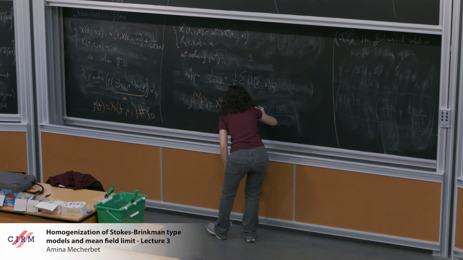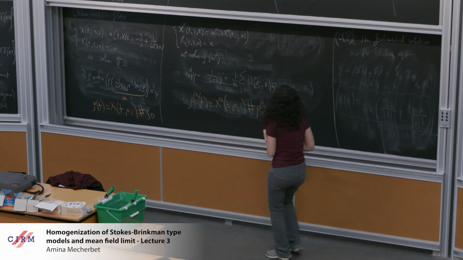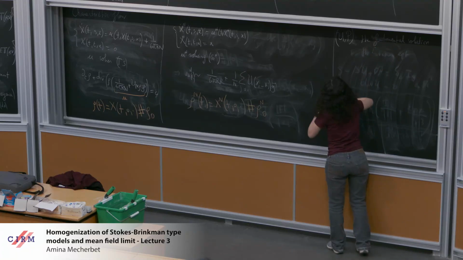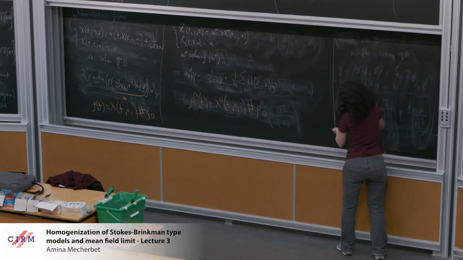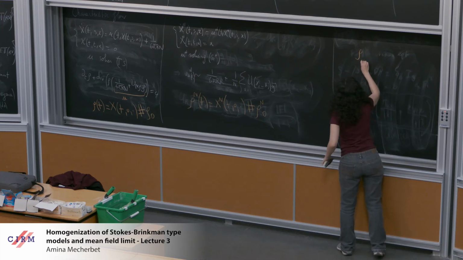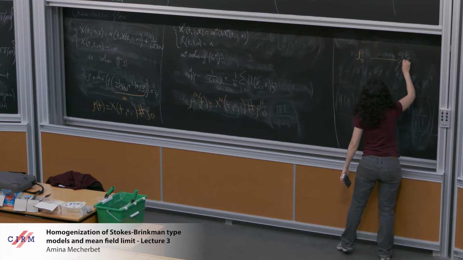So the idea is that we have an optimal transport map at time 0, which sends rho 0 to rho n 0.